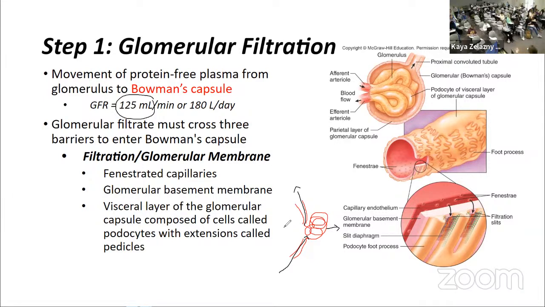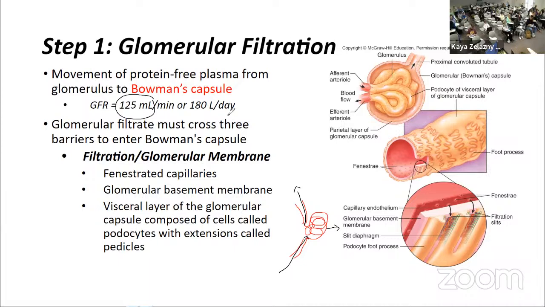Remember, filtration, before just like now, is when we take fluid from inside the blood vessel, in this case the glomerulus, inside the capillary, and move it out of the blood into some new space, right? So when we say we're filtering from the glomerulus to Bowman's capsule, we mean we have fluid moving from inside those capillaries into our nephron.